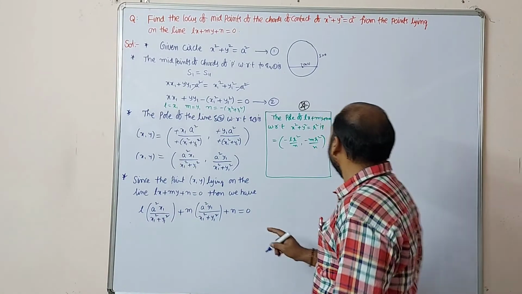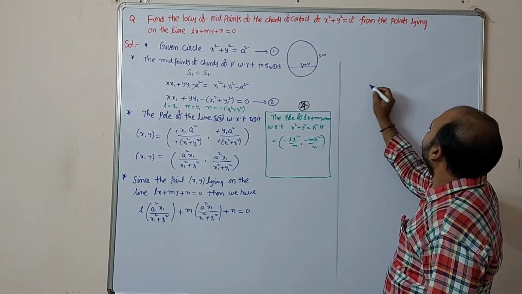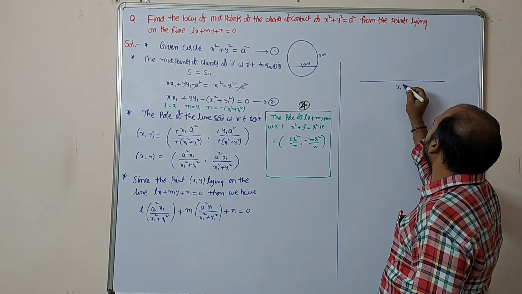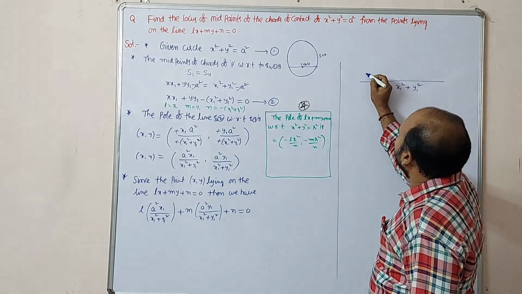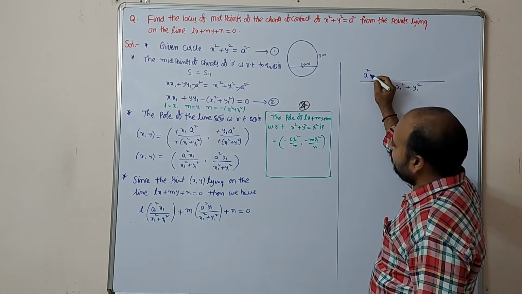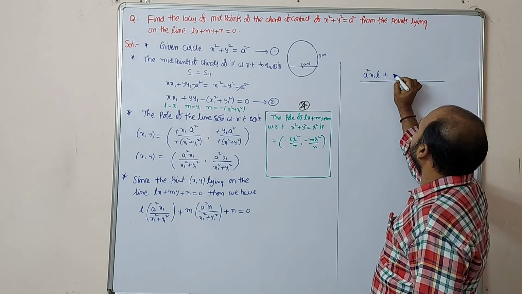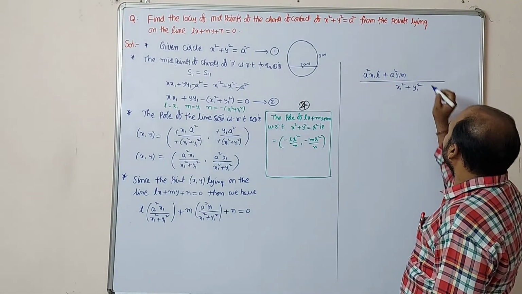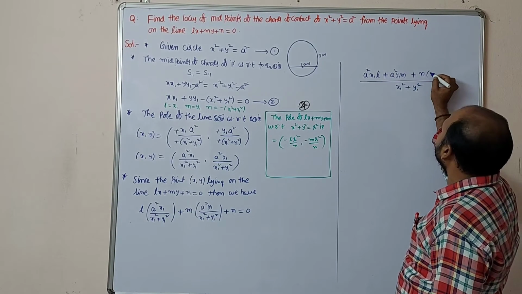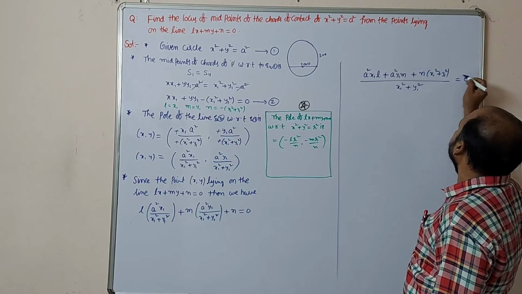So take LCM here, x1 square plus y1 square LCM. So a square x1 into L plus a square y1 into m plus n into x1 square plus y1 square is equal to 0.